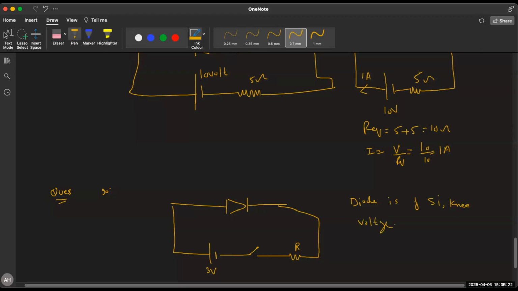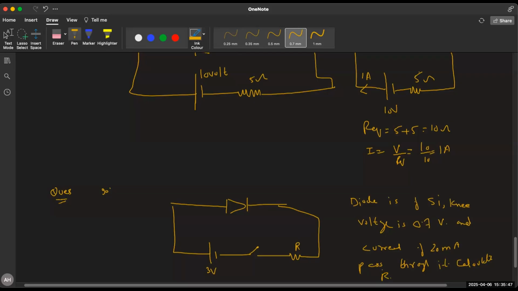Knee voltage is 0.7 volt, and a current of 20 milliampere passes through it. Calculate resistance R.